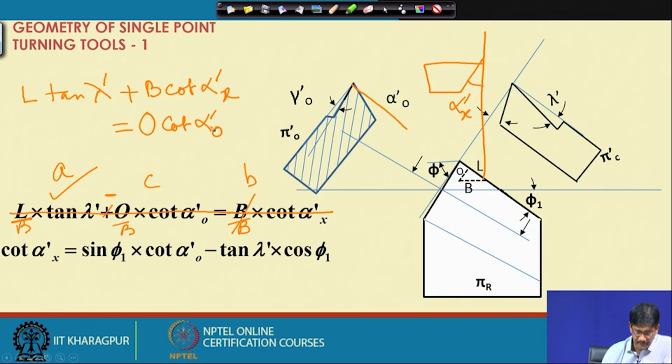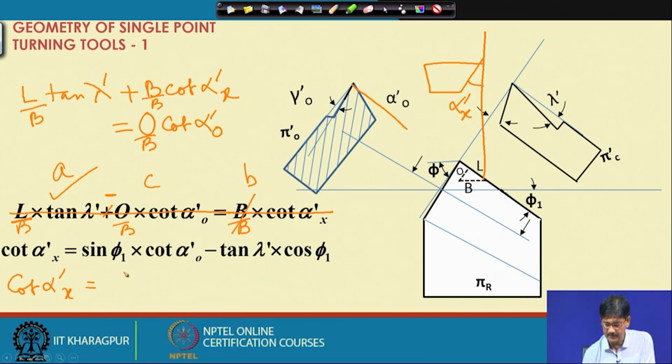If this be so, then everything is going to be divided by B, so that we have cot alpha dash x equal to O by B. This is phi 1, and therefore O by B happens to be sin phi 1.